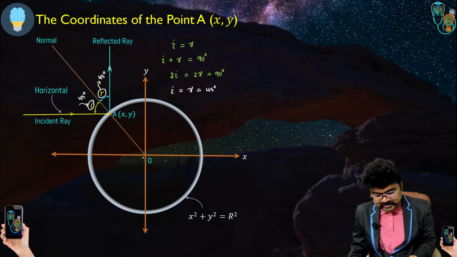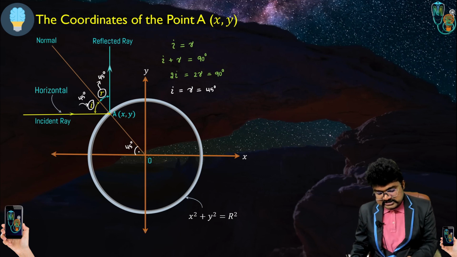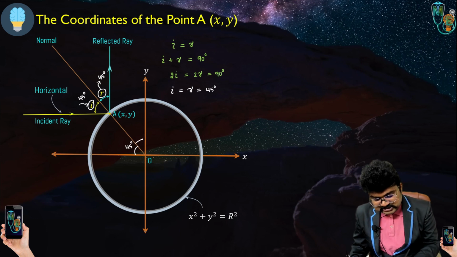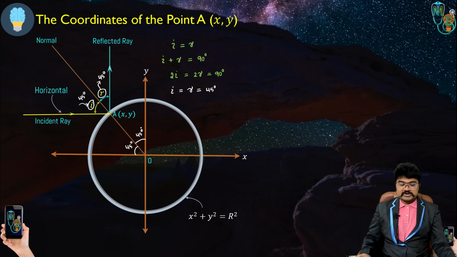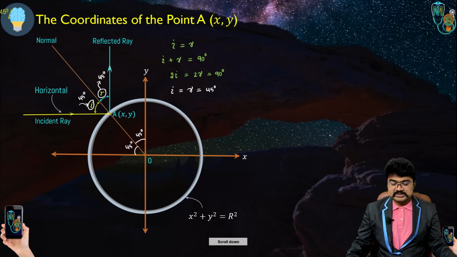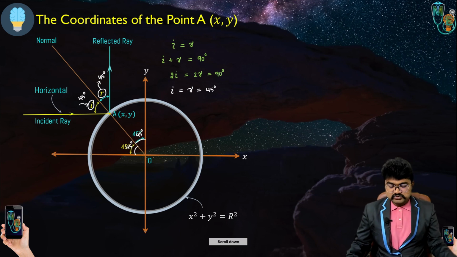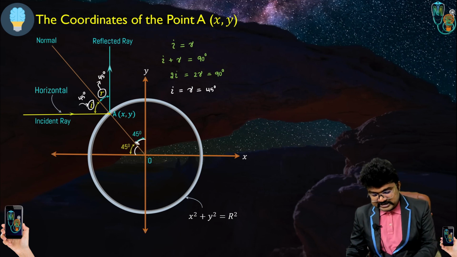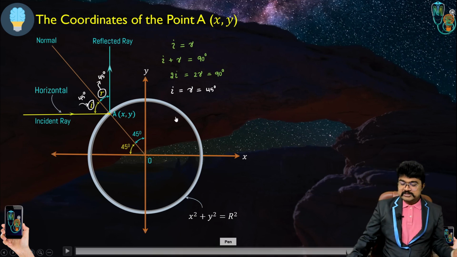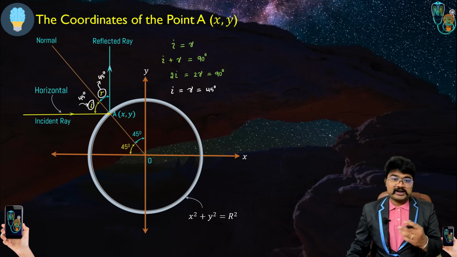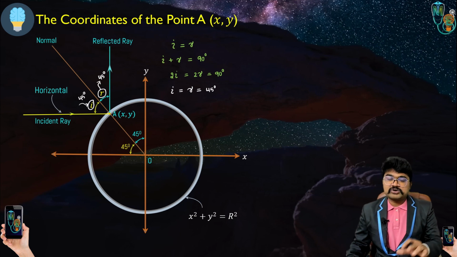In this manner, I plus R equals 90 degrees, and I equals R, so I equals R equals 45 degrees.